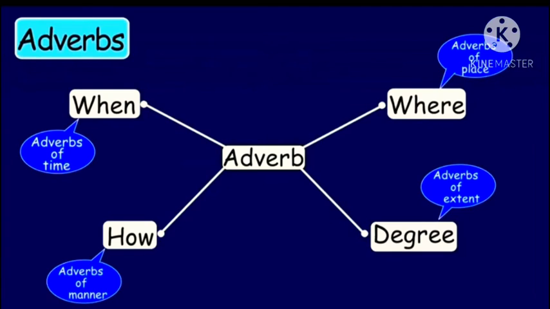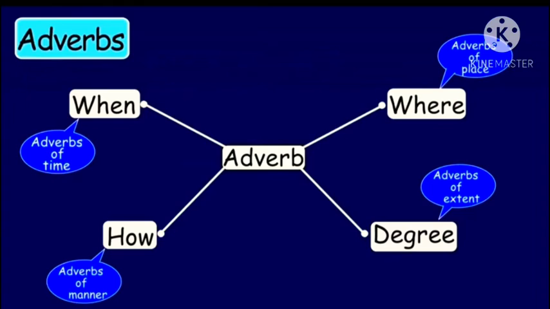When they tell us how the action is done, they are called adverbs of manner. When they tell us where the action is done, they are called adverbs of place. When they tell us how often the action is done, they are known as adverbs of frequency. And when they tell us to what extent the action is done, they are known as adverbs of degree.